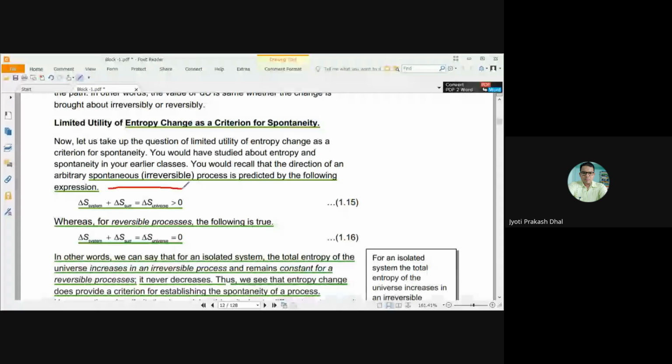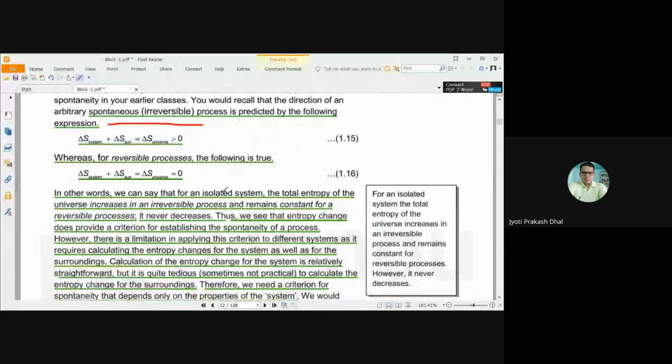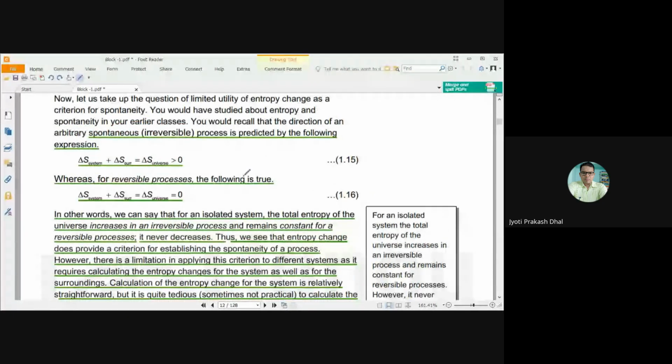So for the spontaneous irreversible process, we know that change in entropy of the system plus change in entropy of the surrounding, that is delta S system plus delta S surrounding, equals change in entropy of the universe, that is greater than zero. This equation is valid for an irreversible or spontaneous process.